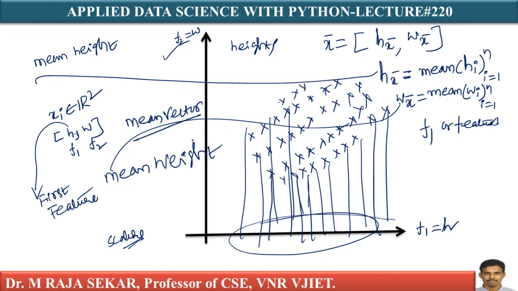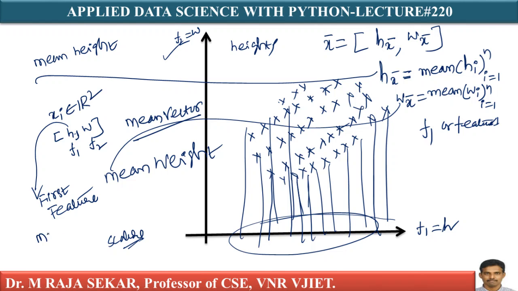Now I have the mean height. Geometrically, a mean vector is just like the mean for scalars. For example, for all those values, let's assume the mean is here. Mean is a sort of central value.